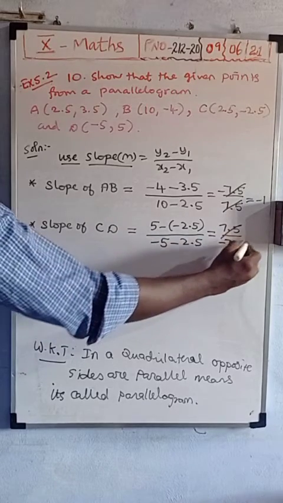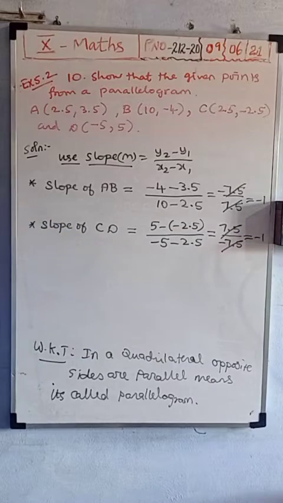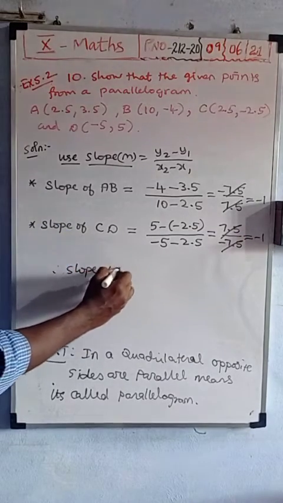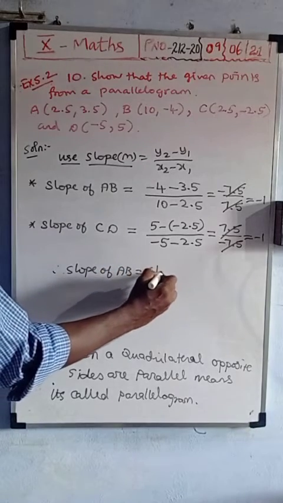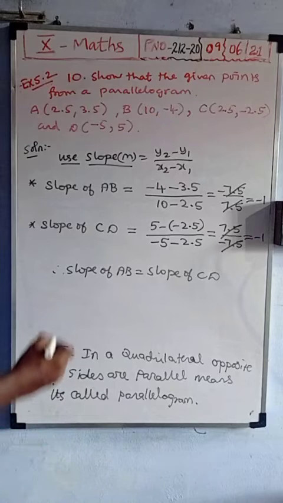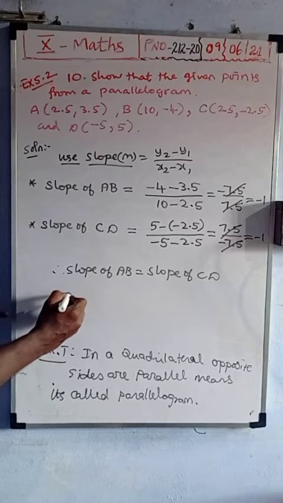The 7.5 cancels, giving 1 by minus 1, which is minus 1. Therefore the slope of AB is equal to the slope of CD.